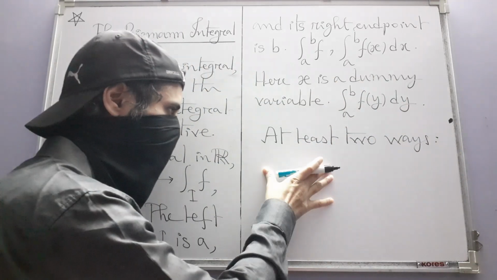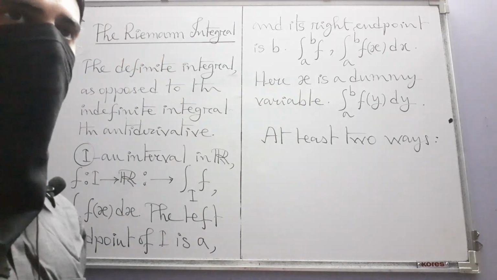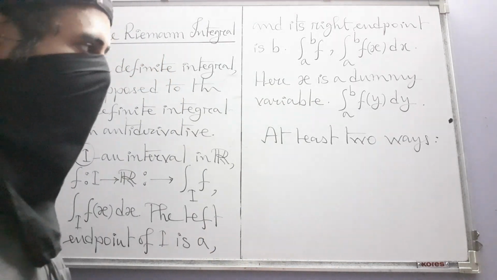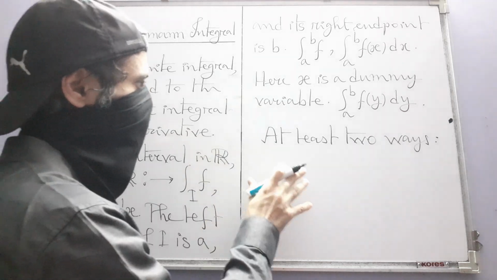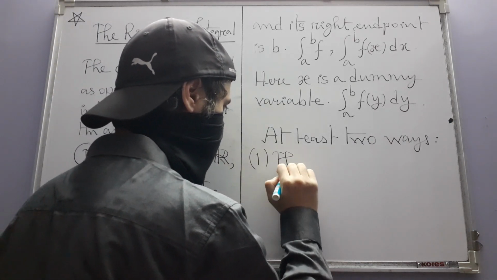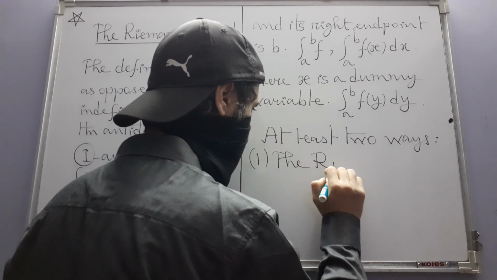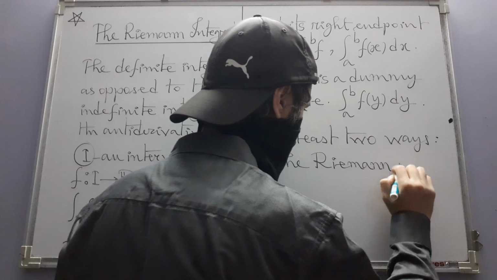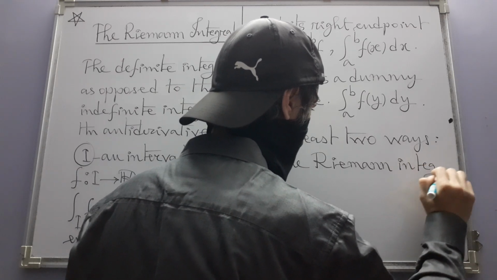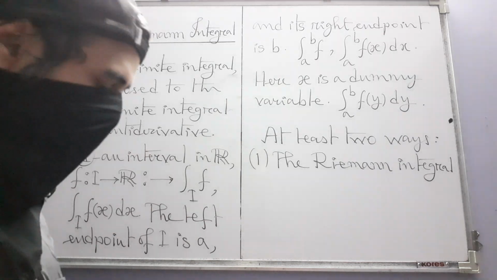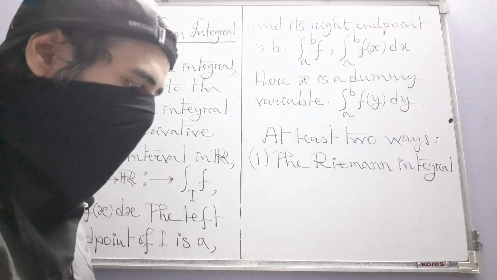Okay, we are going to discuss only two of the most popular ways of integrating functions, but there are others also. The one which we will first consider is the Riemann integral, named after the German mathematician Bernhard Riemann.